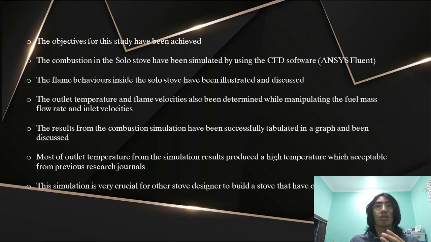Most of the outlet temperatures from the simulation results are high, which is acceptable compared to previous research journals, which means I have validated the previous results with the results I obtained from the software, and it shows that the temperature is still very good and excellent, which benefits the users. So this simulation is very crucial for the stove designer to build a stove that has optimum conversion.